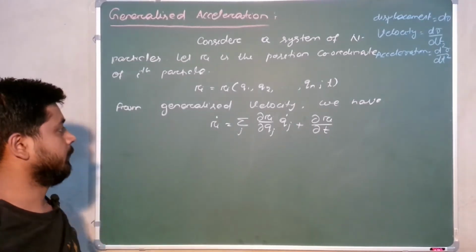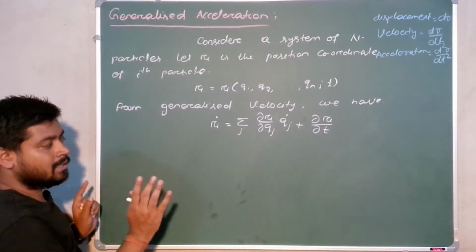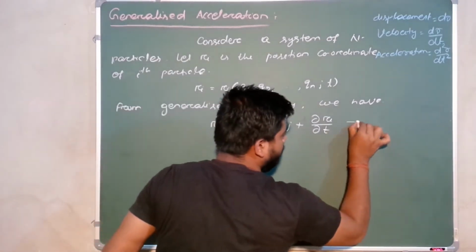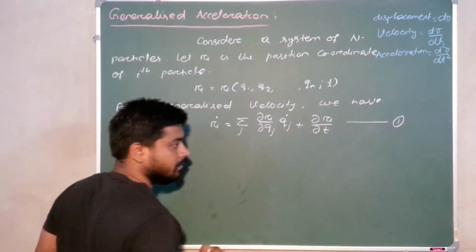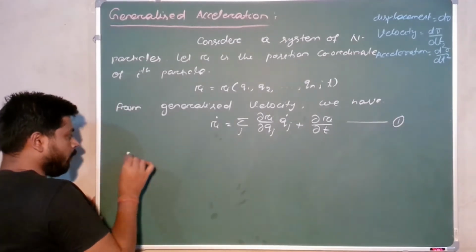Then what do we have to do here? Nothing to do, just differentiate this with respect to t. This one is equation 1. Just differentiate it to find the acceleration.